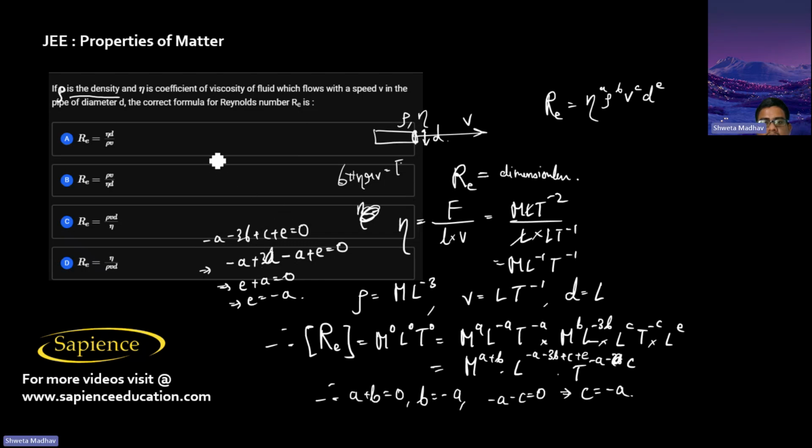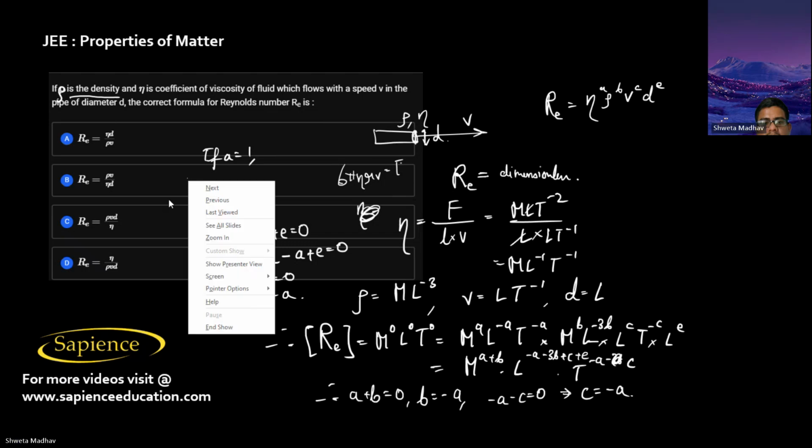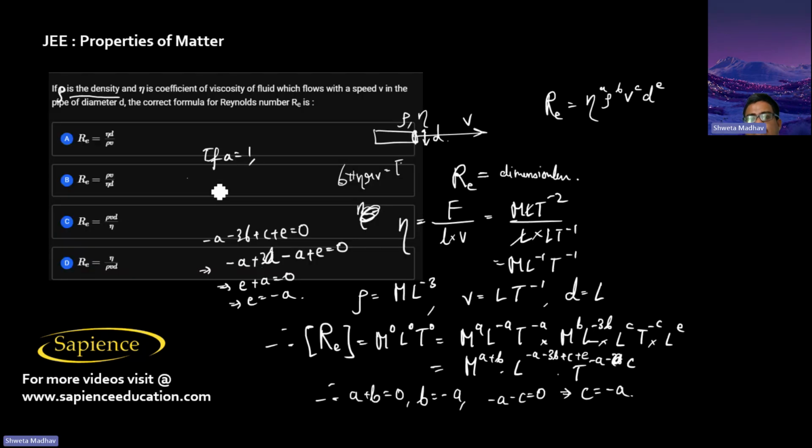it means if we take a as 1, then Re will be equal to eta rho power minus 1, V power also minus 1 and D power also minus 1.